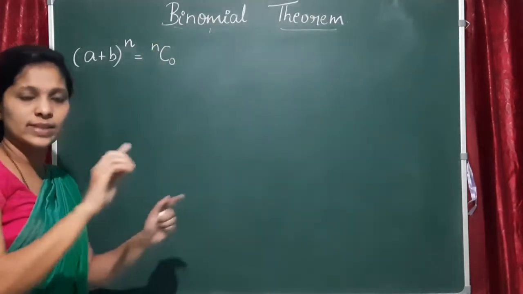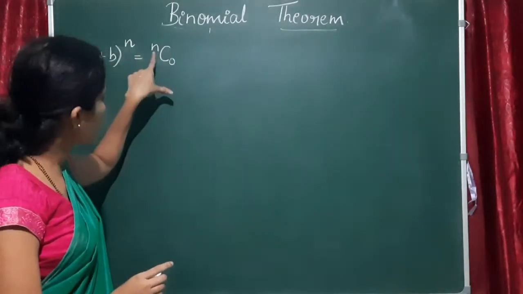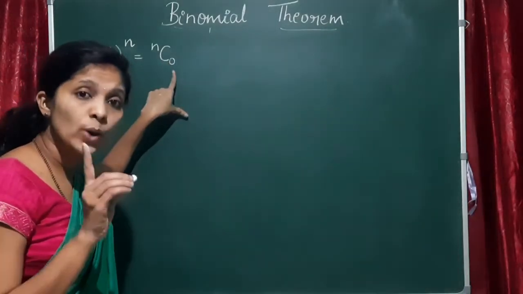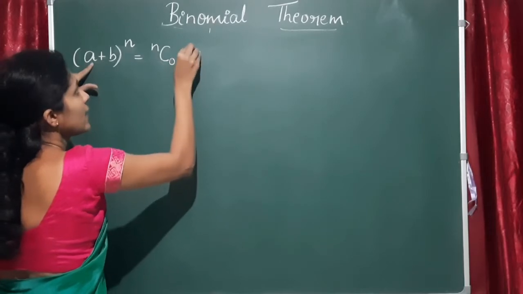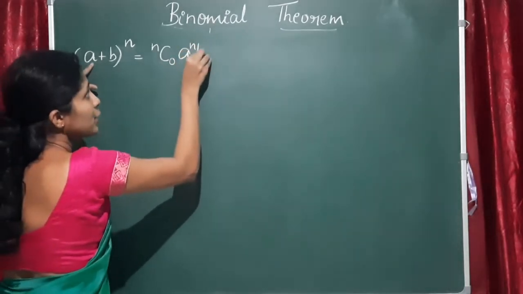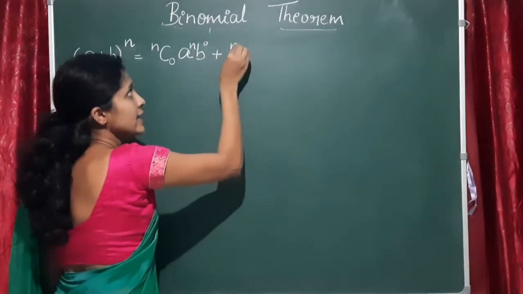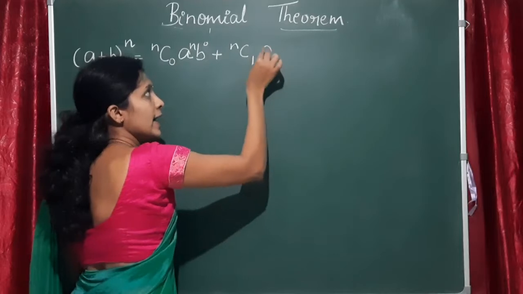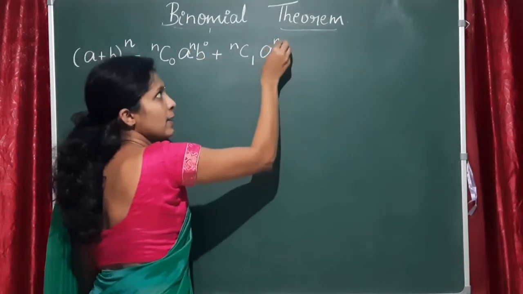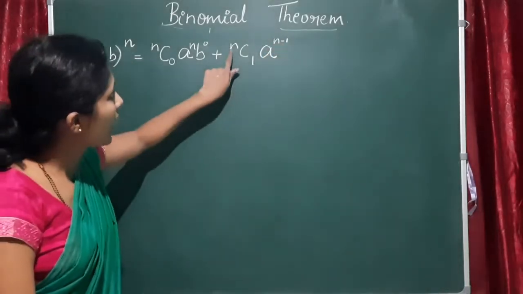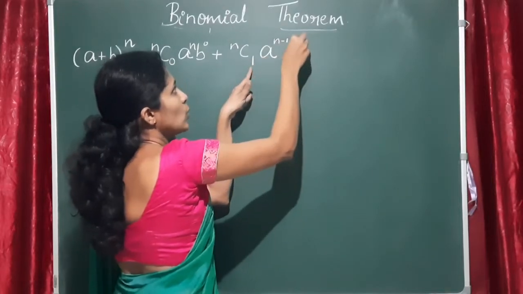nC0. Okay, as I told you, 6 means 6C0, 6C1, 6C2, like that. Here it is n, so nC0. Then you have to decrease the power of a and increase the power of b. So a to the power n and b to the power 0, plus next term will be nC1, a to the power n minus 1, and b to the power increasing will be 1.